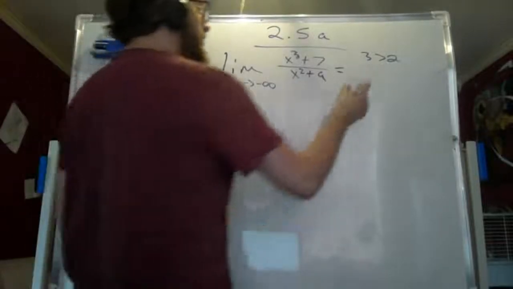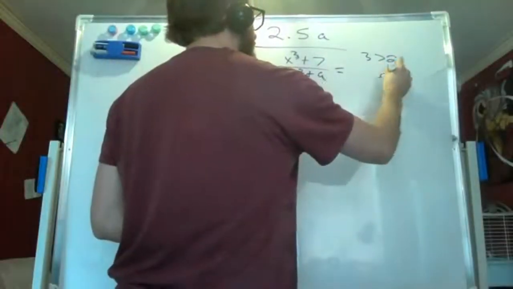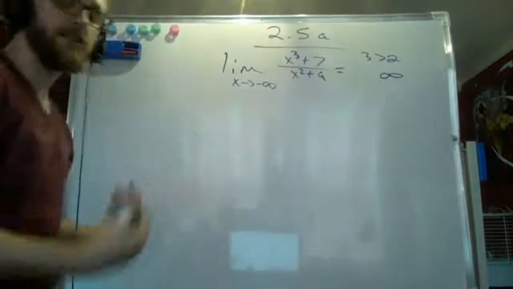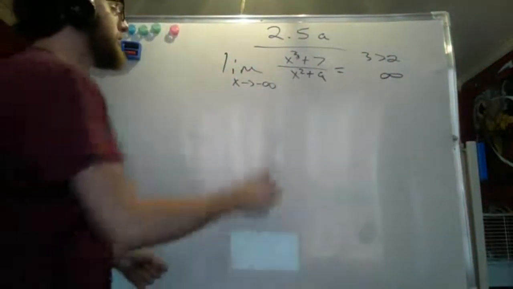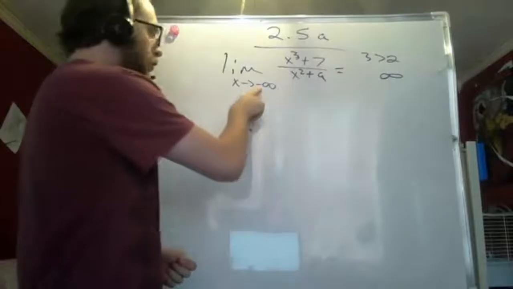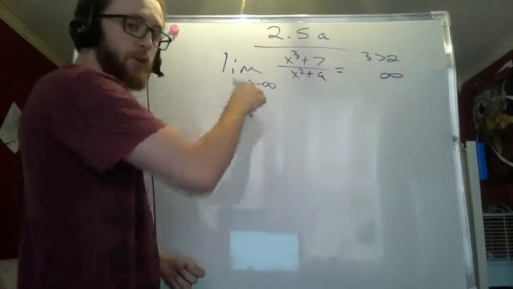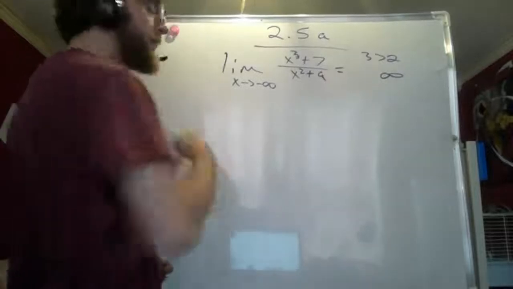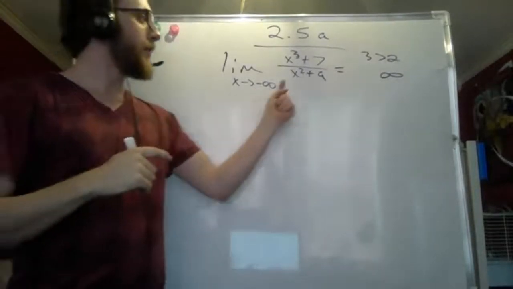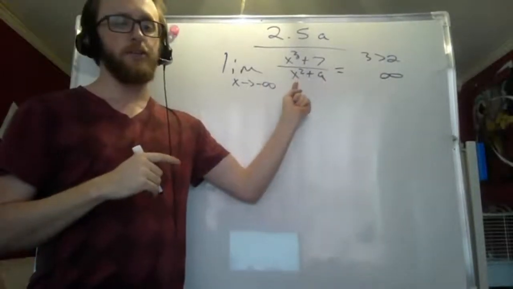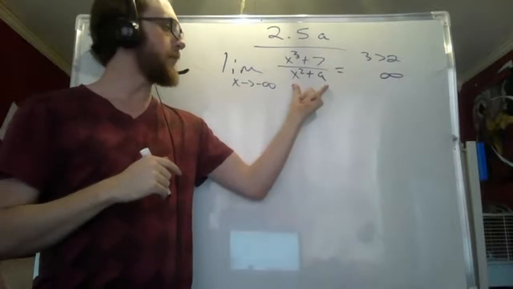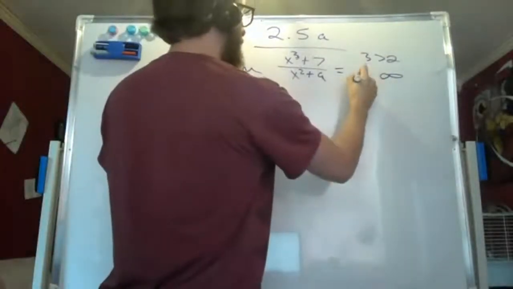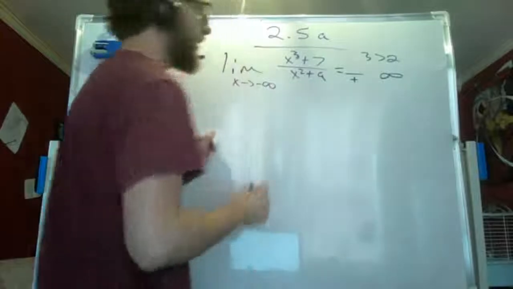All right, so we know our final answer should be infinity, but should it be positive or negative? Well, let's look at the signs here. We're plugging in negative infinity, so we're going towards the negative direction. But a negative squared is going to be positive. Plus 9, we have a positive in the denominator.